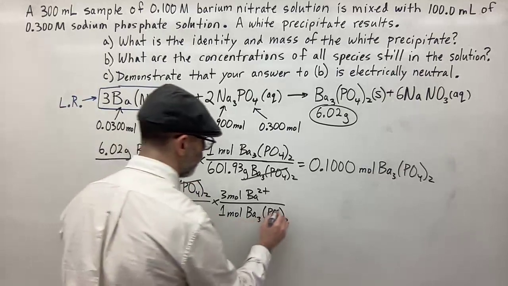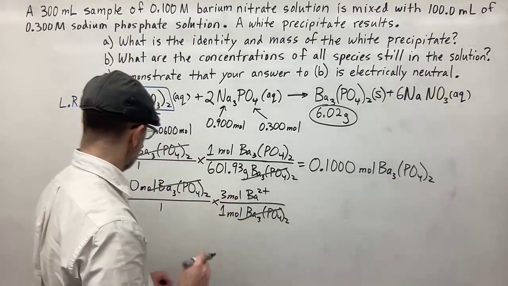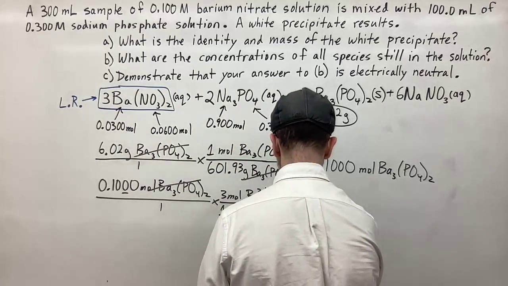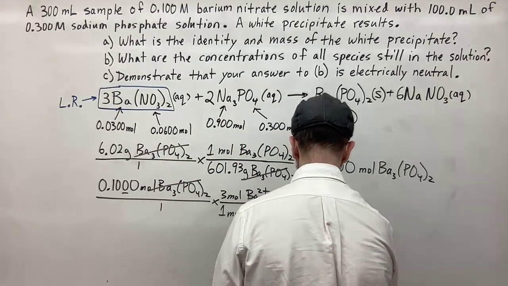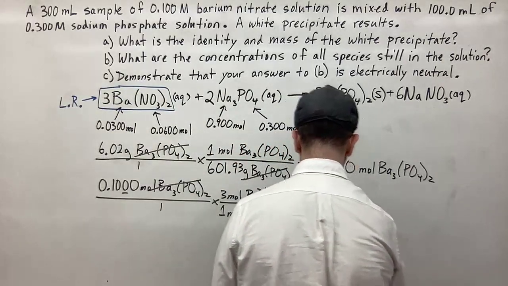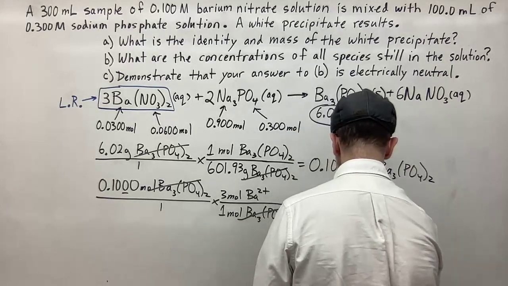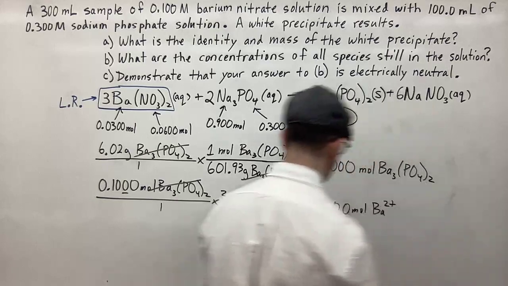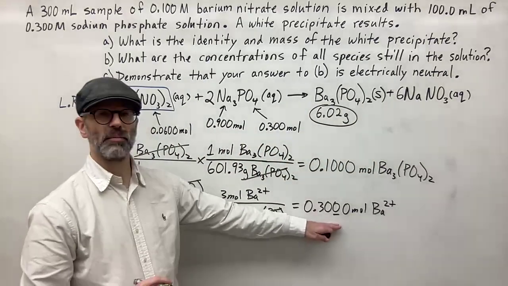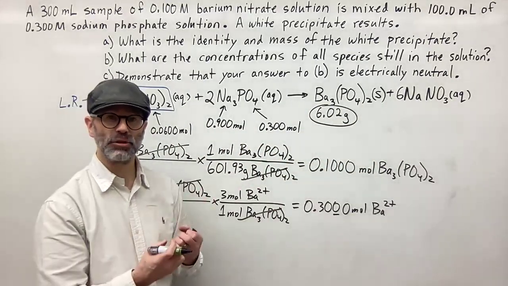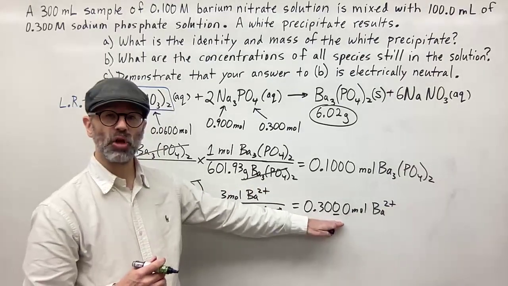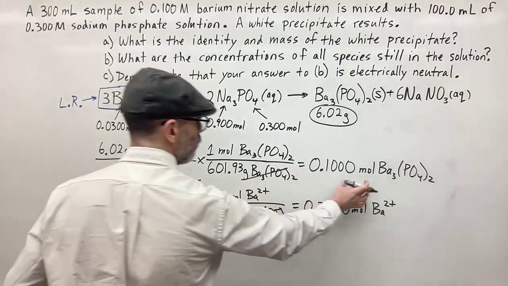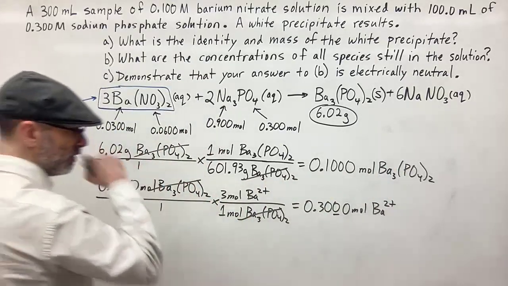So moles of barium phosphate cancel out, and so it becomes 3 times 0.1, so that's going to be equal to 0.300 moles of barium 2 plus ions. This is the number of moles that we're taking into the precipitate. These are no longer in solution. And then we do the same thing with the phosphate.